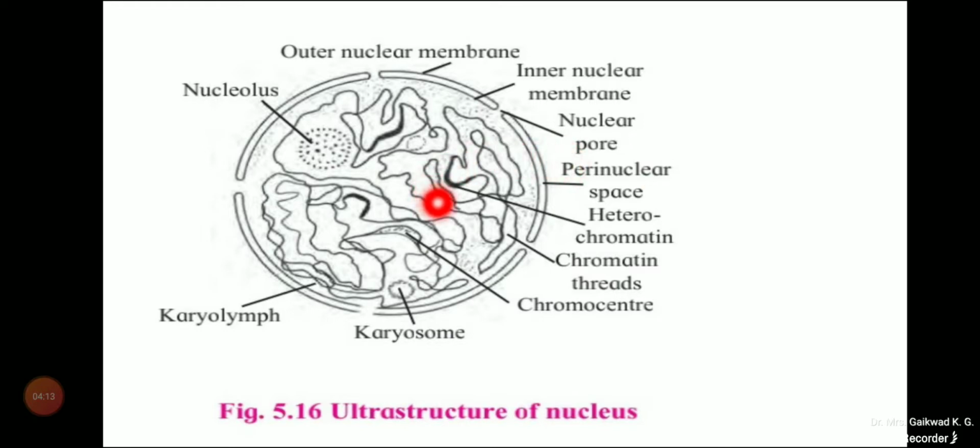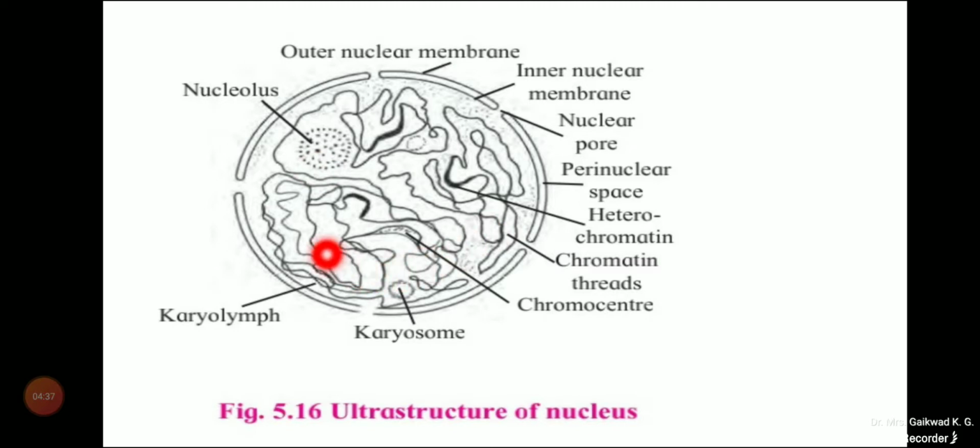Nucleoplasm is also called the karyolymph, and it contains various substances like nucleic acid, protein, minerals, and other salts. It contains the chromatin network and the nucleolus also.